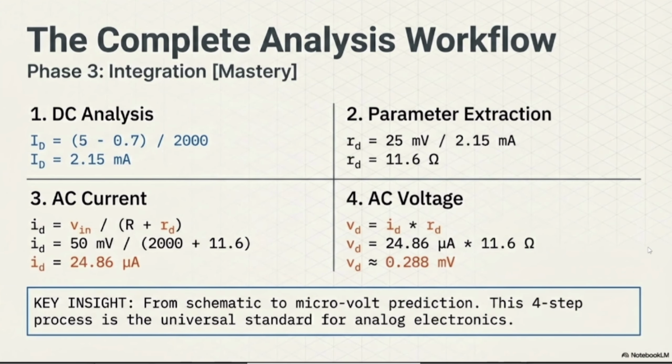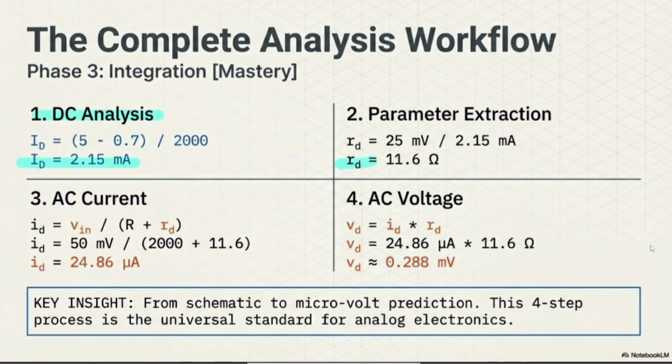And finally, the complete analysis of the workflow. We talked about it in order to reach this section. At the very beginning, we have the DC analysis. Why do we use this DC analysis? Because we have to find the ID. Then by using the ID and VT, we can find the RD itself. Then we have the AC current. Right now at the beginning, we found the DC current.